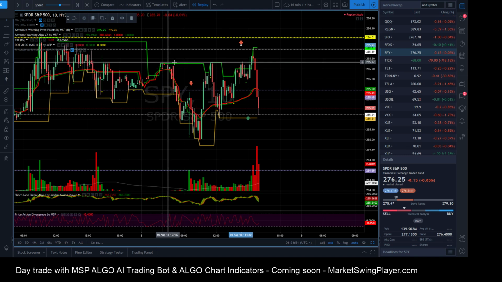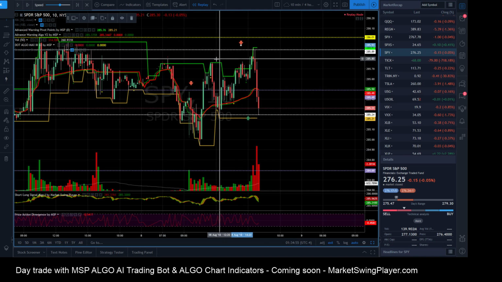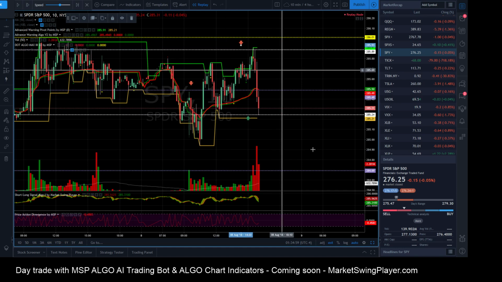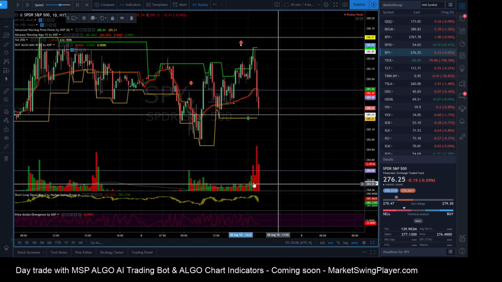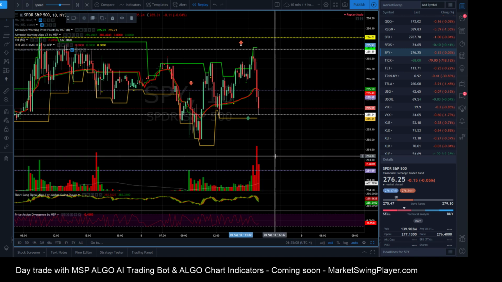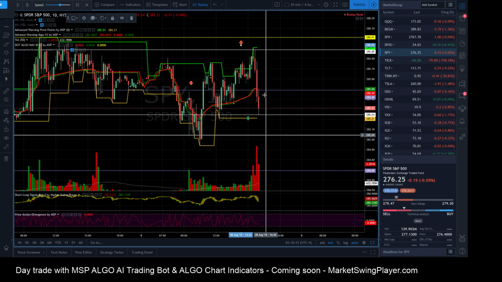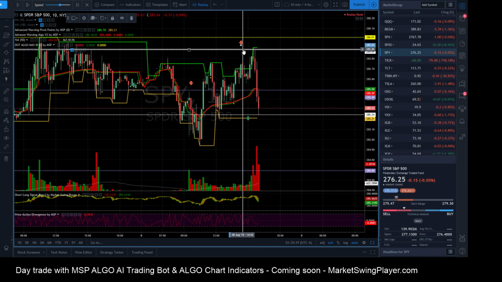So these pivots will come out and tell you, ooh, there's a little danger, you may want to get out. So you don't have to worry about whether it is going to go exactly that high or whatever. You can scale out of your position or scale into your position. The great thing about this is you can put your stop about 25 cents above or below, depending on if it's a short or long, above the resistance.